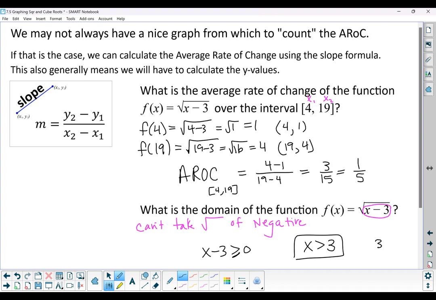It can equal 0 for a square root because the square root of 0 is 0. So x minus 3 has to be greater than or equal to 0, which means x is greater than or equal to 3. So our domain is from 3 to infinity. This is the domain in interval notation, and this is the domain in inequality notation.